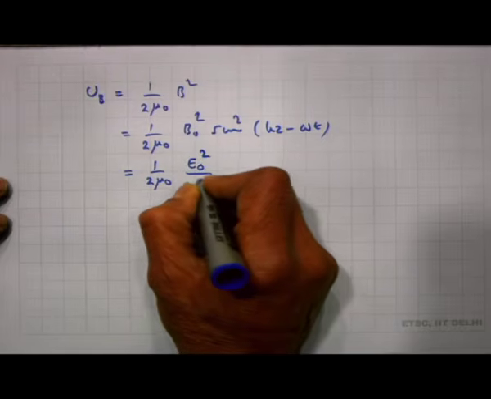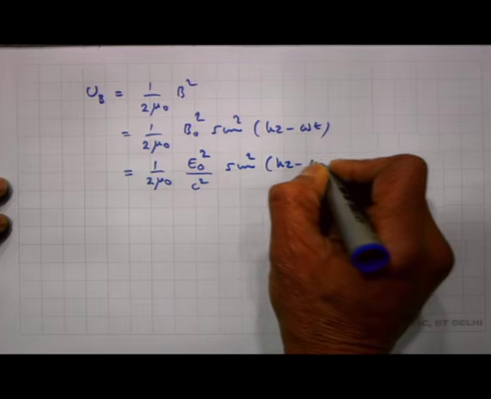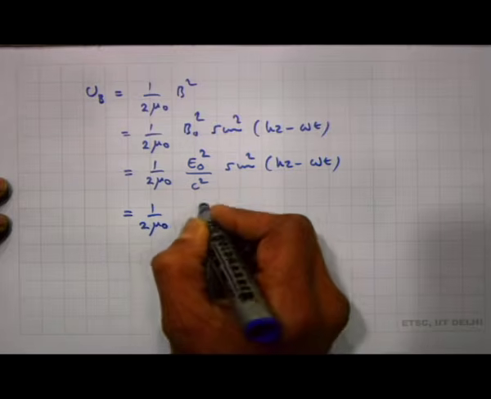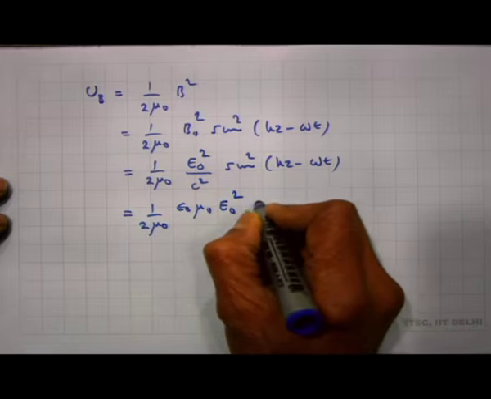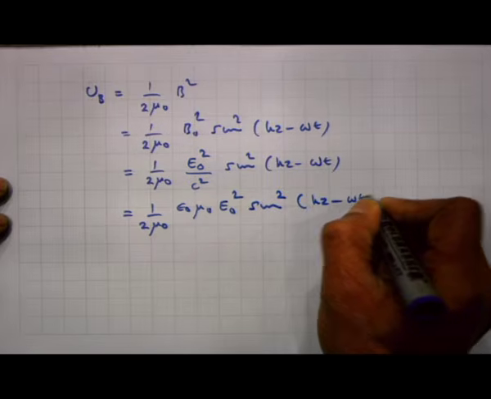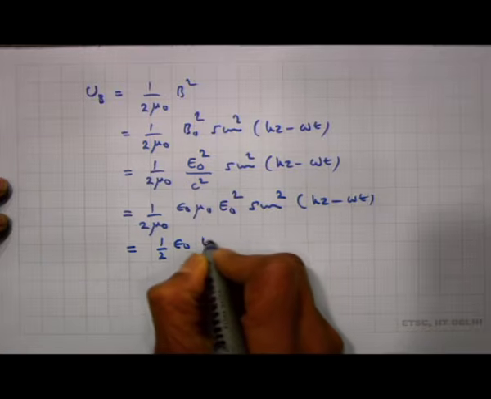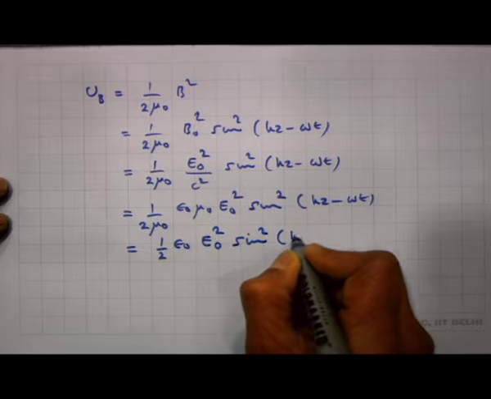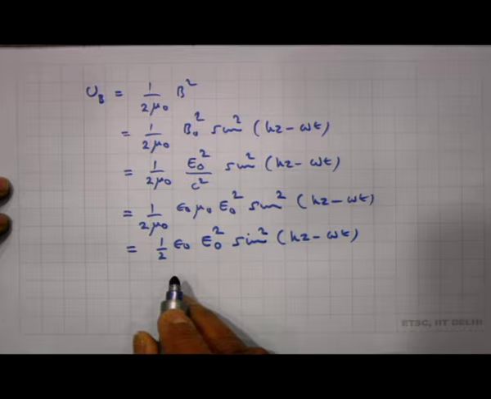So, E naught square by c square sin square (k z minus omega t). Now, 1 by c square is epsilon 0 mu 0, so this is 1 by 2 epsilon 0 E naught square sin square (k z minus omega t). That is the magnetic energy density.